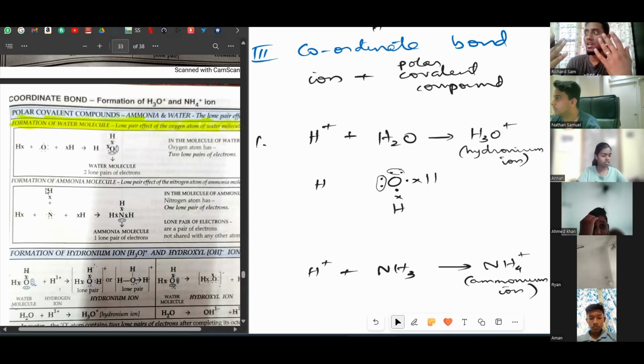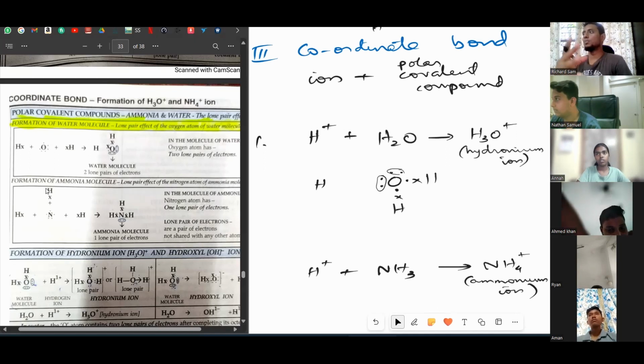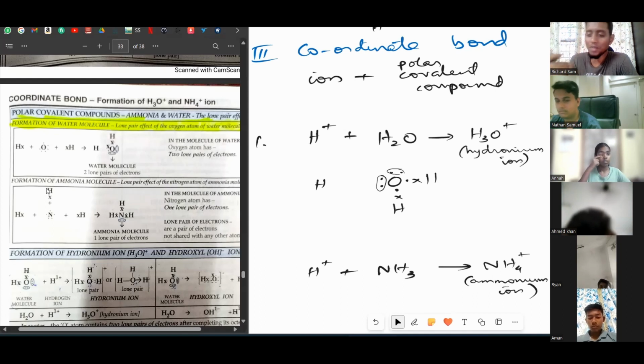What happened? It gives away that 1 electron. So since it gave away that 1 electron, it has only a proton, and that is the hydrogen ion. So hydrogen ion does not have any electron, zero electrons. So to become stable, how many electrons does hydrogen need?